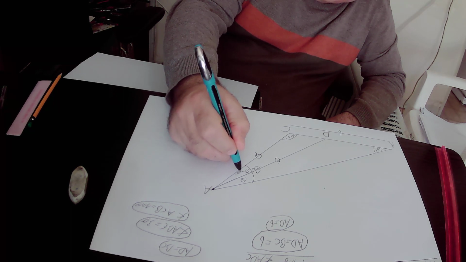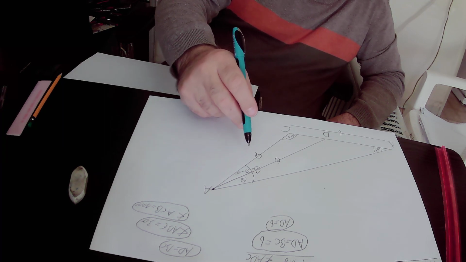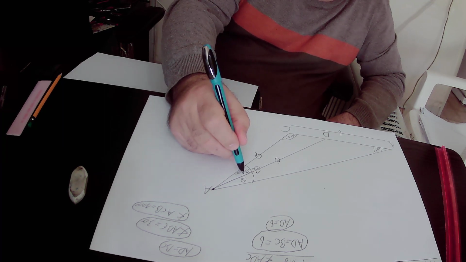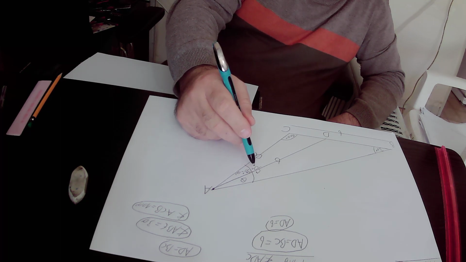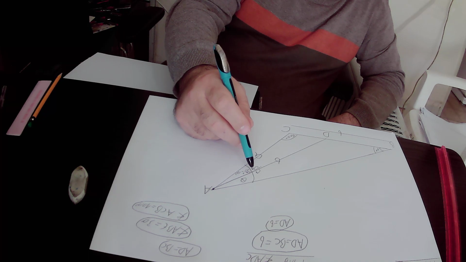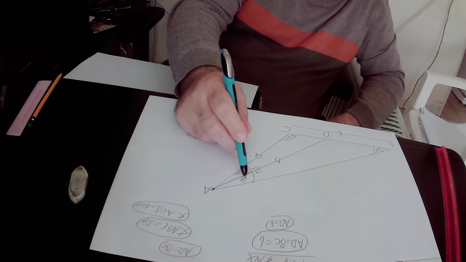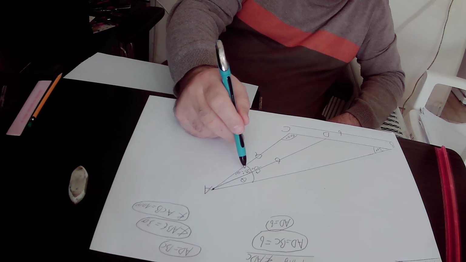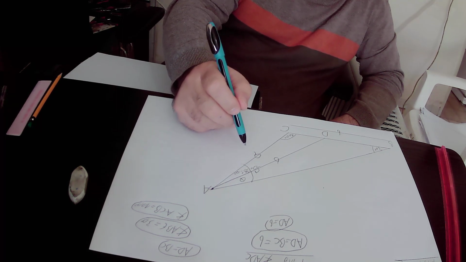That is to say, the value of angle DAC will be equal to 50 degrees minus theta, because the whole angle BAC equals 50 degrees, and if we subtract from 50 degrees the value of angle theta, we will get angle DAC, which is 50 degrees minus theta.